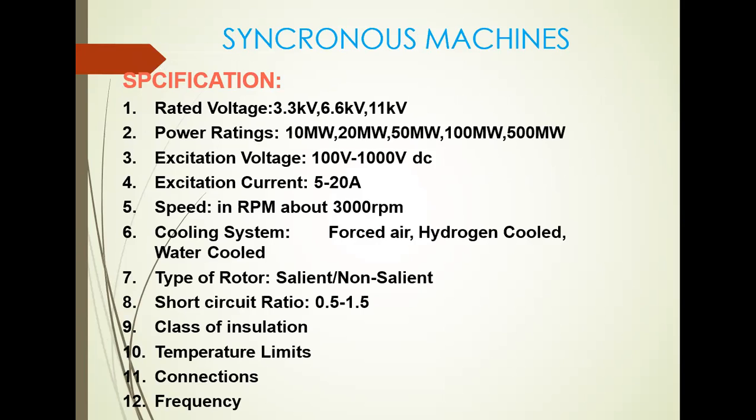Similar to the induction machine and transformer, the synchronous machine specification is also needed for noting down the tender. Specification involves rated voltage, power rating, excitation voltage, excitation current, speed, cooling system, type of rotor, short circuit ratio, then what type of insulation class, temperature limits, connections, frequency.